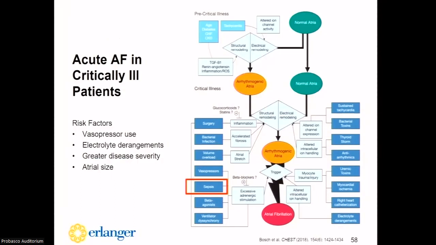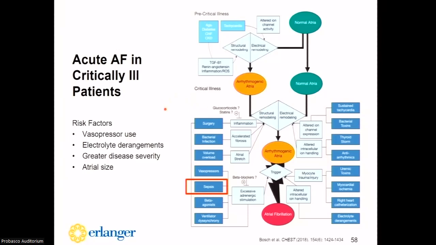So looking a little bit further at what makes atrial fibrillation more complicated in critically ill patients. You already have your underlying mechanisms that contribute to this atrial fibrillation substrate and development into AFib at a chronic level. But in this state of critical illness, there are also other confounding variables and factors that can further increase somebody's risk of going into atrial fibrillation or make it more complicated to manage.